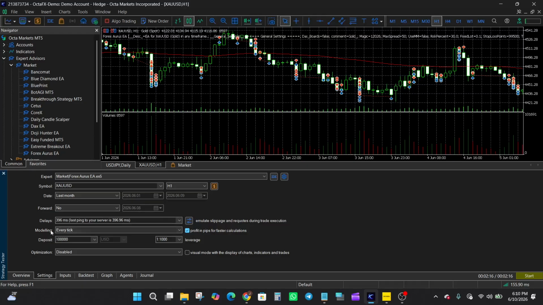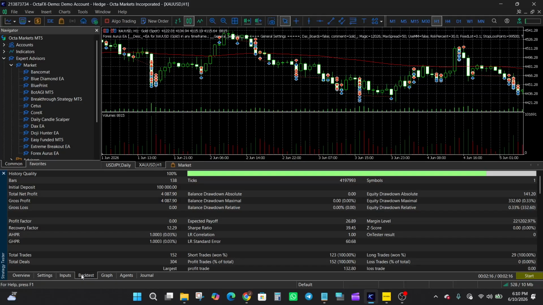Okay, we can see here it's just from 1st of this month to 9th. So the model is every tick modeling. And looking at the result, you can see that from an initial deposit of $100,000, about 4% profit was made. So it looks pretty impressive though. 4% in about a week plus.